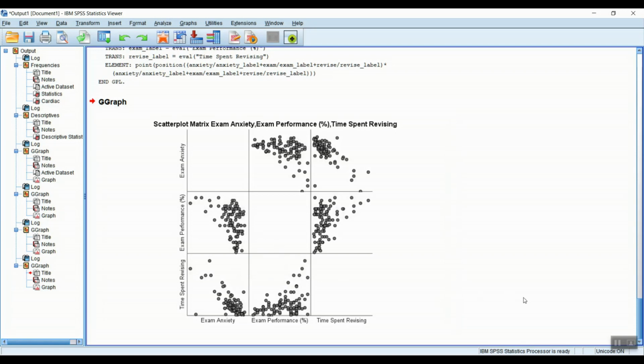Well, what about the relationship between time spent revising and exam performance? So here, that's shown in this section here. We've got time spent revising. The more time that you revise going along here, and we can see that there seems to be a relationship as well. The few people who did a lot of revision did get high marks.